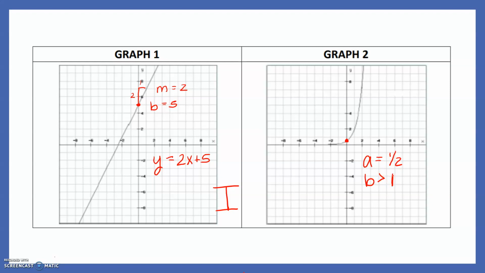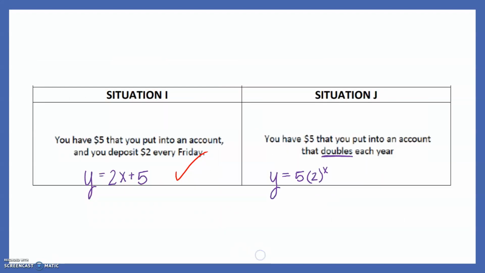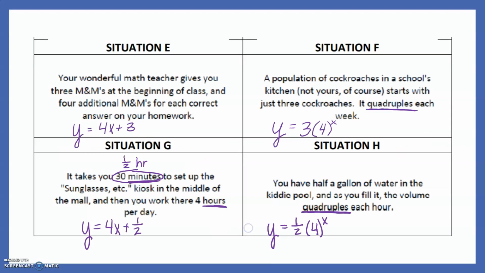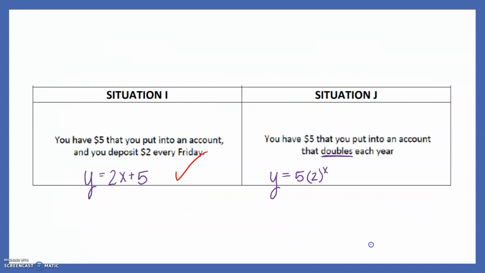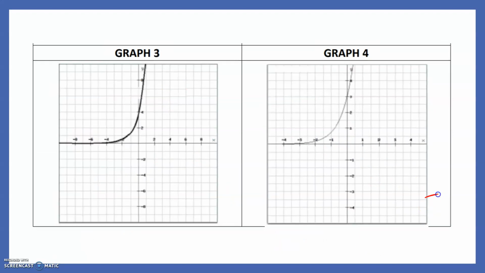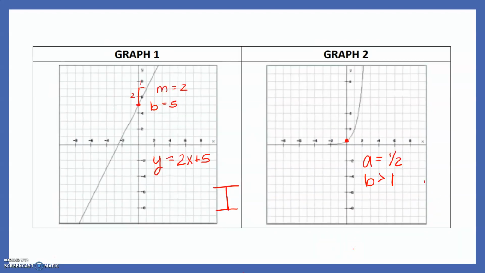So we need to look for an exponential function that has an a value of 1/2 and our b greater than 1. My a value here is 5, so that doesn't work. My a value here is 1/2 and my b value is greater than 1. So situation H will work in this case.